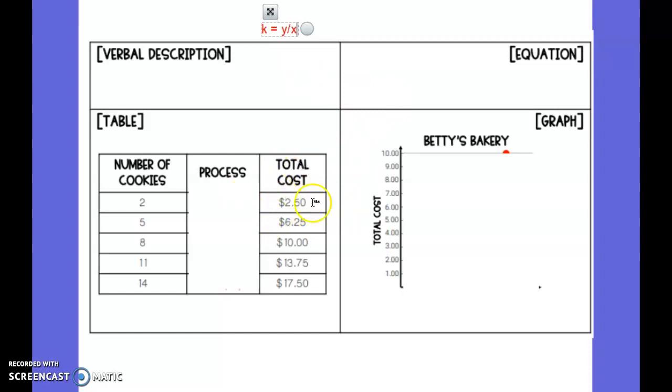So in this case, if I do y, which is $2.50, divided by 2, I will get $1.25.